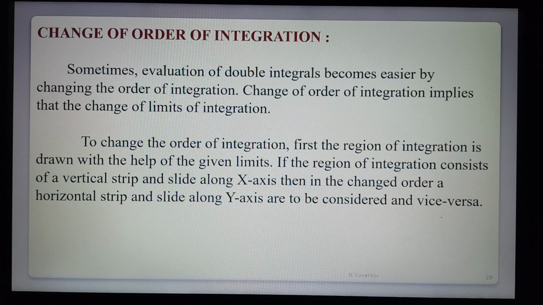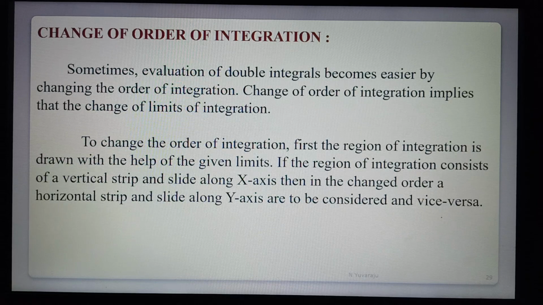Here the function will not change, only the x limits are converted to y limits and the y limits to x limits, and vice versa. That is called change of order of integration.